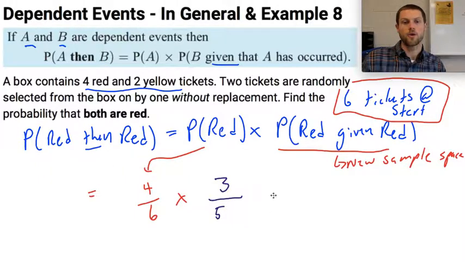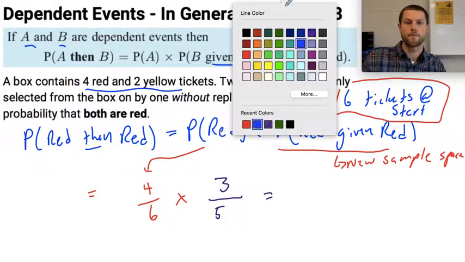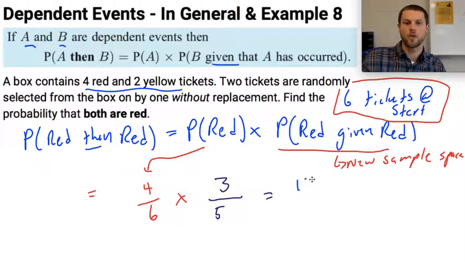So when I multiply these two things together, I get a total probability of 12 over 30, which reduces down to 6 over 15. And actually, I can reduce that one more time to 2 out of 5.